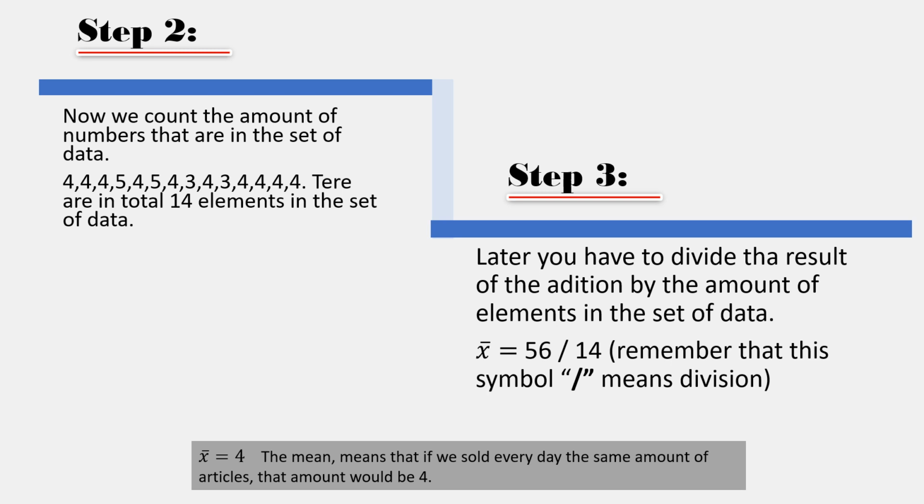If you imagine that all of the days you sold 4 elements, in those 14 days you will get the same amount of things that you sold. So if you sold 4 things per day during 14 days, you will get 56, which is something more uniform, something more standardized, which is really useful for later statistical analysis.